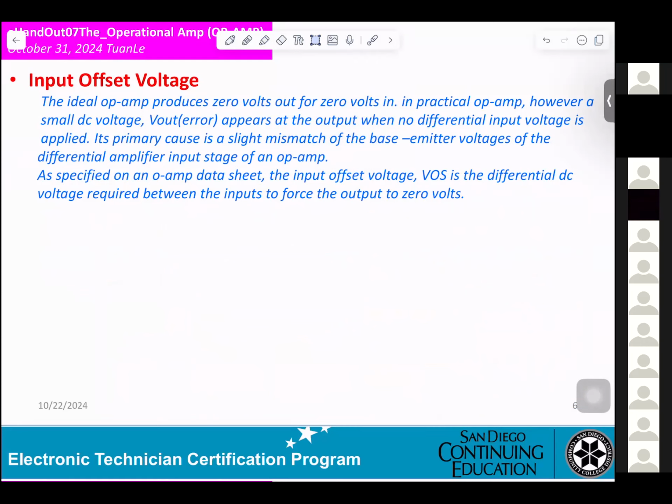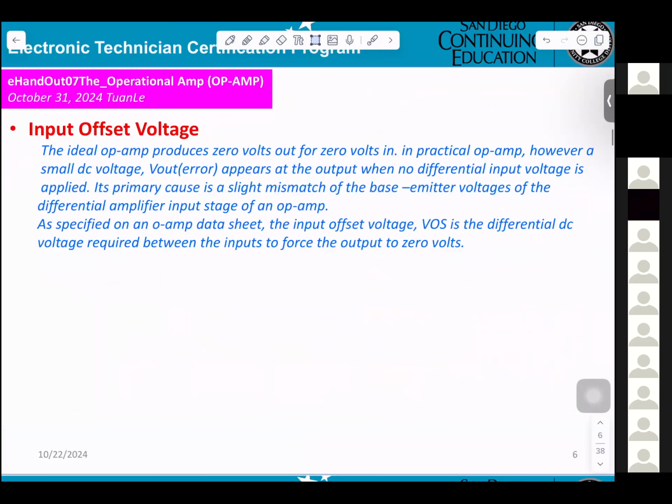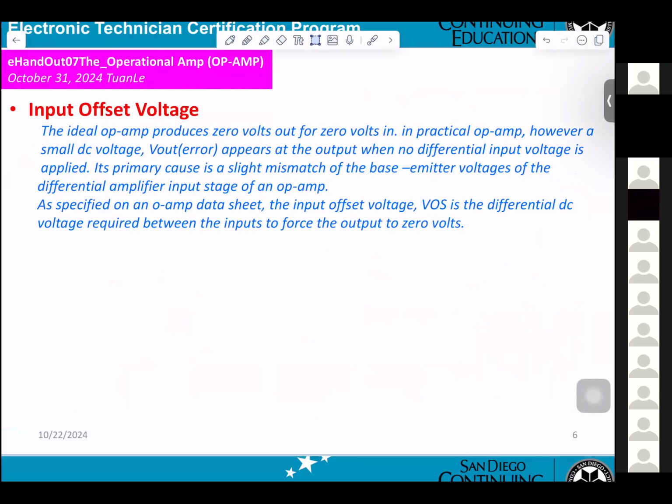However, a small DC voltage error appears at the output when no differential input voltage is applied. It is primarily caused by a mismatch of the base-emitter voltage of the differential amplifier input stage of the op-amp.